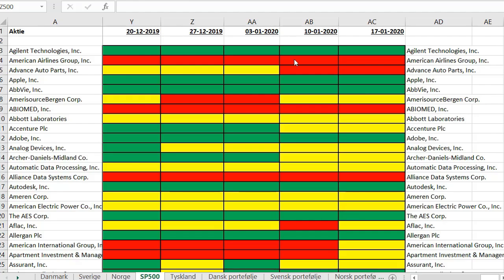And as you can see here, every single week I'm making this for myself, but also for my Danish subscribers. I have this Danish subscription area, but I am making this schedule for myself, showing, for instance, here on the US market, I have all the S&P 500 stocks, and I am marking these with green, red, and yellow as the three zones.